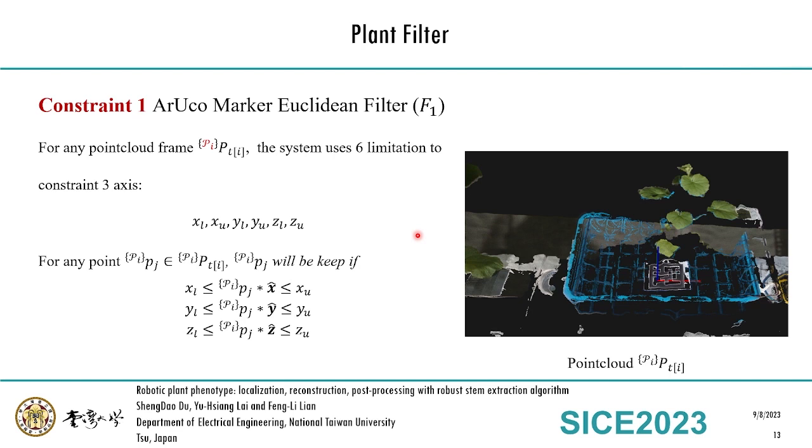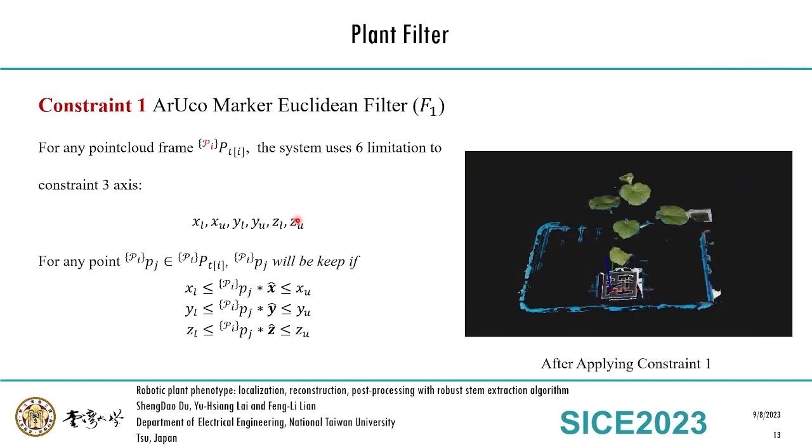So how do we deal with the raw point cloud? We have two constraints to deal with the original point cloud. Initially, we use a bounding box as a filter. Any points inside this box will be left, and others will be removed. Like this.